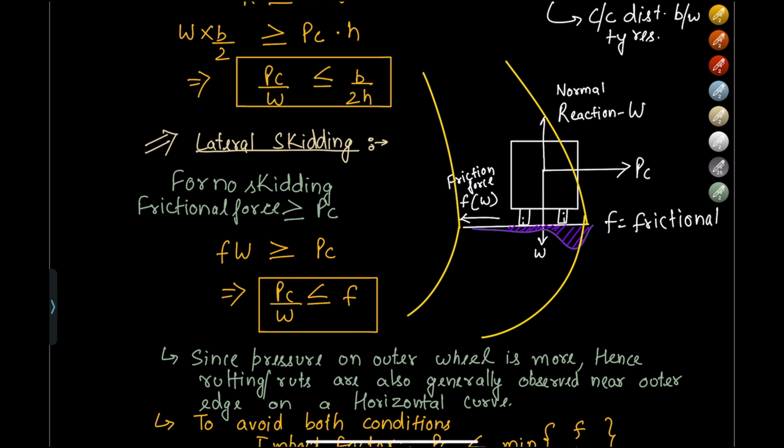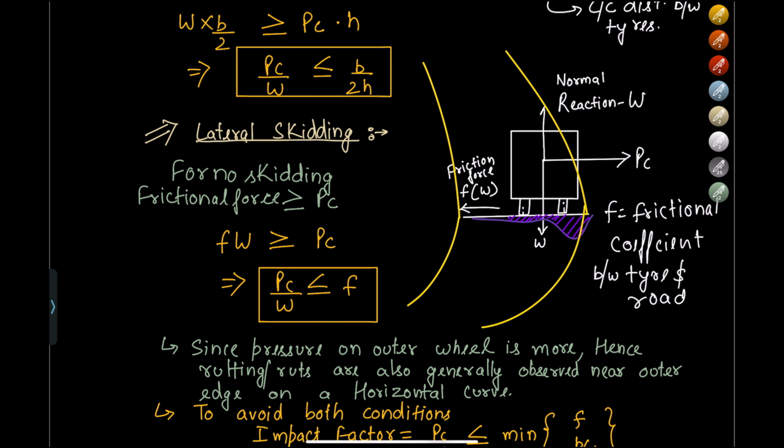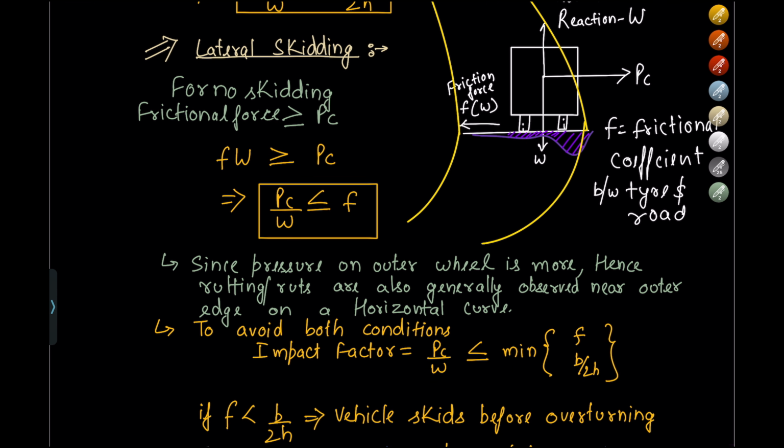Frictional coefficient between tire and road, right? So that is what it is. So for no skidding, the frictional force should be greater than or equal to PC. If it is equal to PC, that would be the point where, if a minor push is there, the vehicle will try to skid outwards.